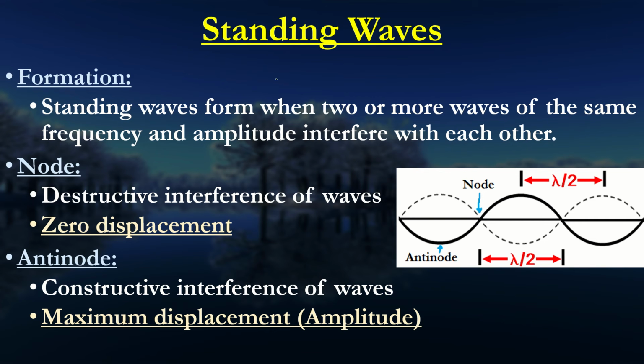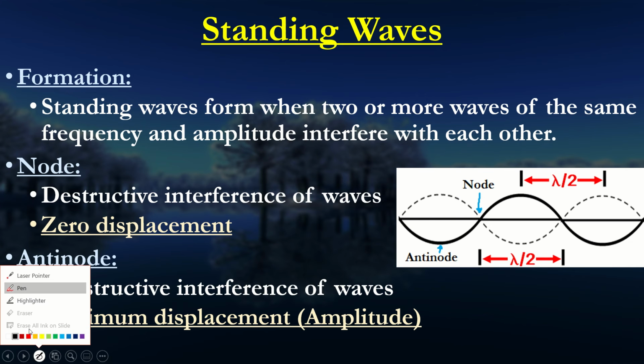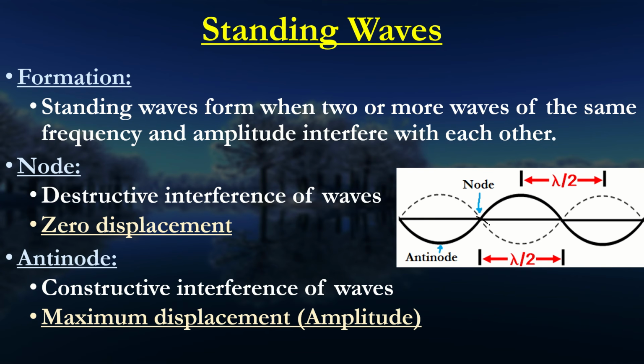If we look at some features of standing waves, you can find a couple of things. In terms of formation, you need two or more waves of similar frequencies and amplitudes interfering with each other. When that happens, you will generate a node and an antinode.